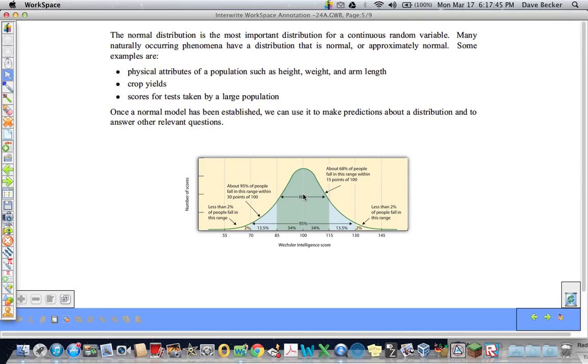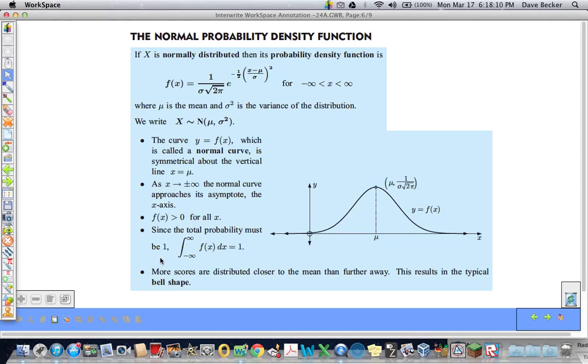That's 68%, 34% on each side. 13.5% will score between 1 and 2 standard deviations above the mean, and 13.5% would score between 1 and 2 standard deviations below the mean. Okay, so this is just a nice example of that. Intelligence tests always come out normally distributed.